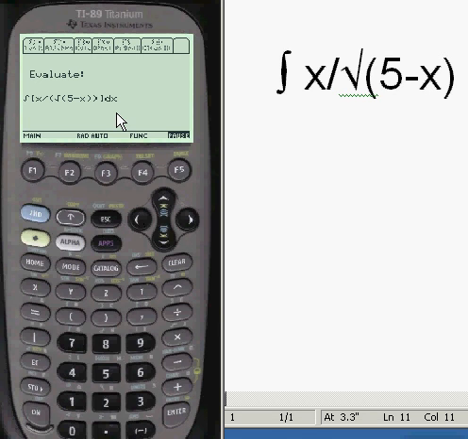I already got this entered into the variables, but when it asks you for what variables you need, you're going to press alpha first and then put in x divided by the square root of parentheses 5 minus x, and then close off the parentheses. I always show you if it's okay, and you can change it if it wasn't.